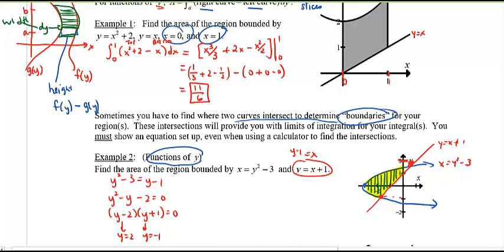That makes life difficult. And that's why for this one, best not to do these vertical slices. And that's why we should use horizontal ones. What's great about the horizontal ones? Look, the right function is always the red one, and the left function is always the blue one.